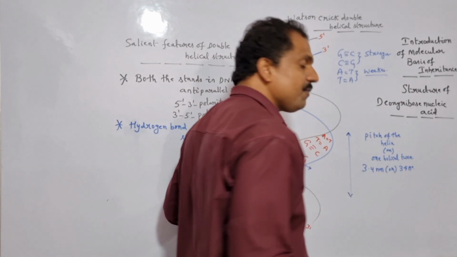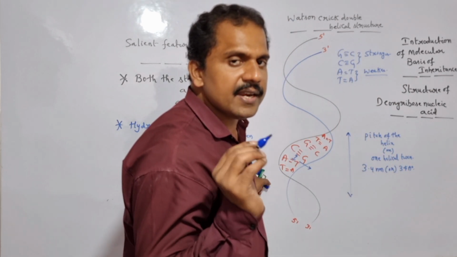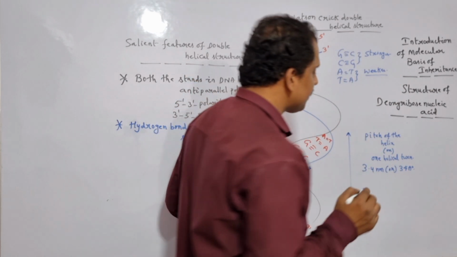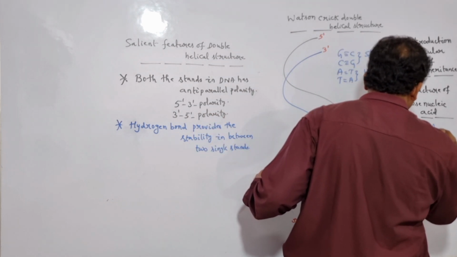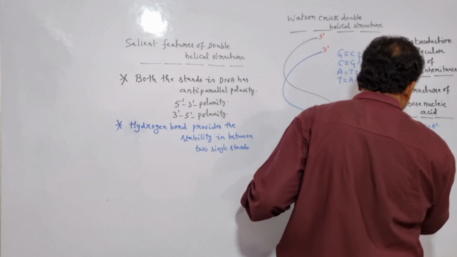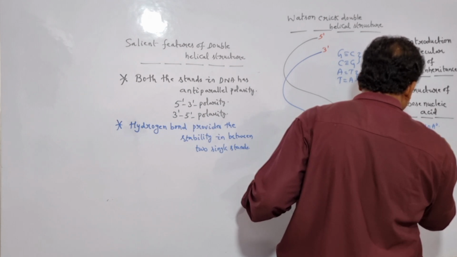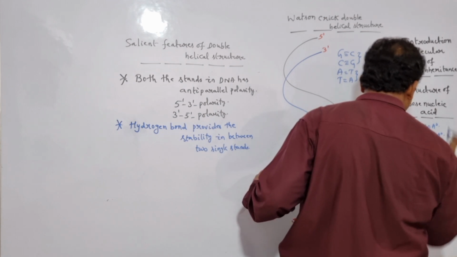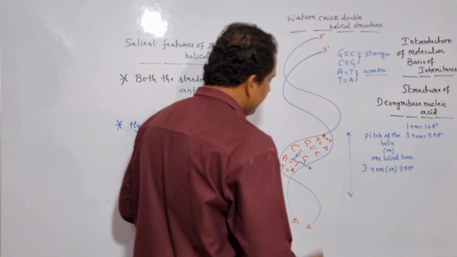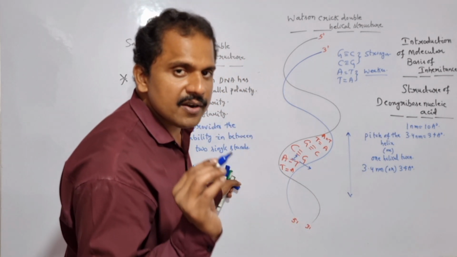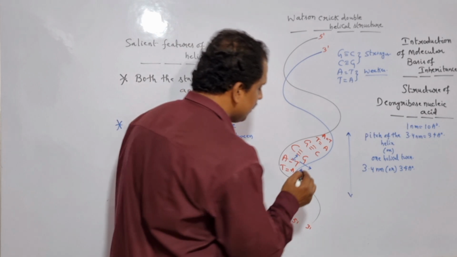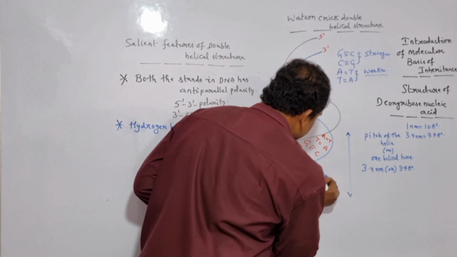So always try to memorize one thing. 1 nanometer is equal to 10 angstrom units. So in that case, 3.4 nanometers is equal to 34 angstrom units. And the distance between the two successive nitrogenous base pair ranges around 0.34 nanometers.